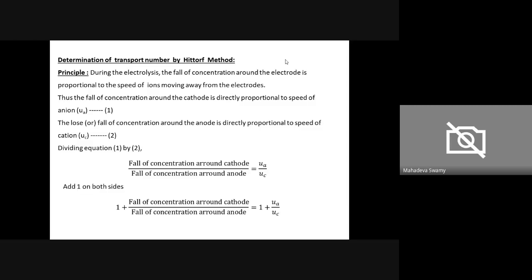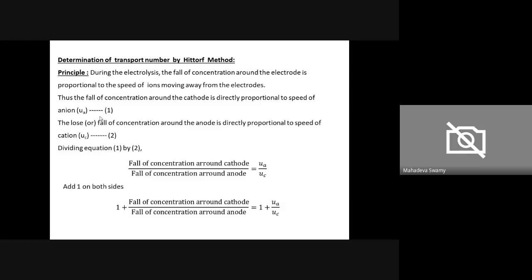Thus, the fall of concentration around the cathode is directly proportional to the speed of the anion, because the cathode is negative and attracts the anion. We represent the mobility of the anion as UA.